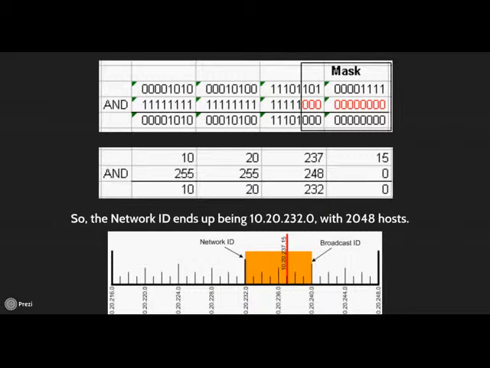In binary, when you do the AND function, anything that is not a 1 and a 1 becomes a 0. So if you do that math across, anything that's a 255 is all 1s, so it's all going to drop straight down. So the first 2 numbers are 10.20.